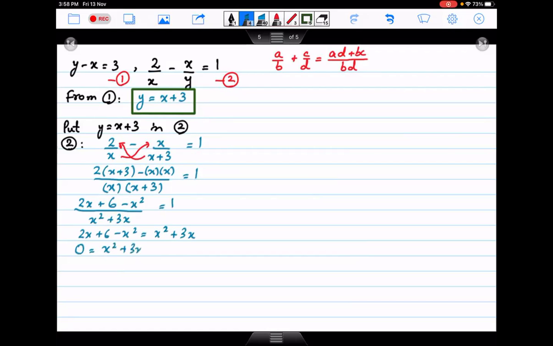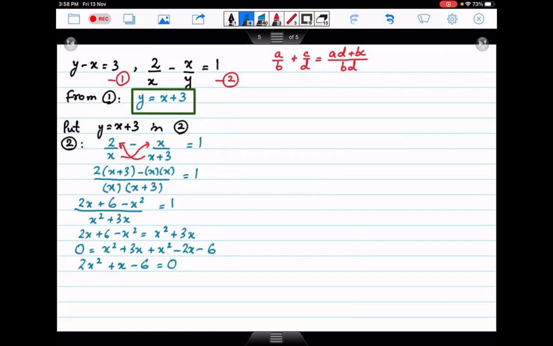All the values on the left side should come on the right side, changing their signs. Whether I put a 0 on the left side or on the right side, both are the same. So it will become 2x square plus x minus 6 is equals to 0.